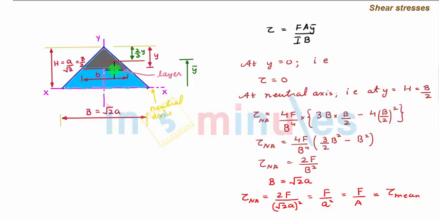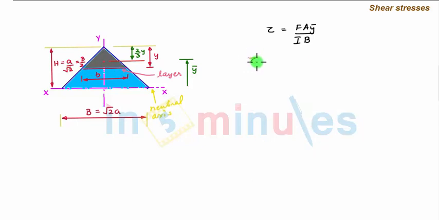So that implies the shear stress will be maximum at some layer between y equal to 0 and y equal to h, which is b by 2. To determine the location of this layer at which the shear stress is maximum, we have tau is maximum at y equal to 3 by 8 of b.